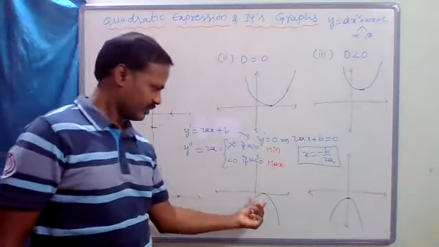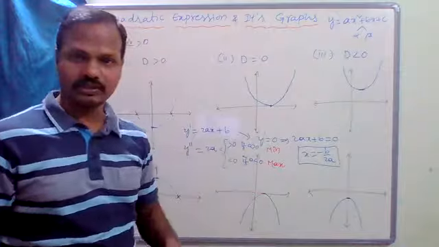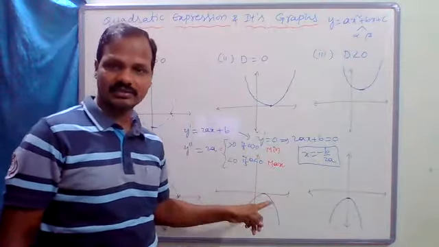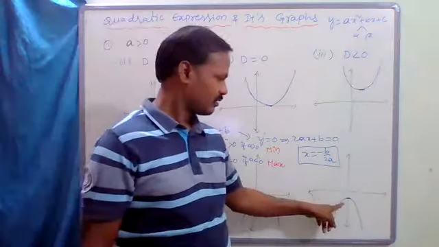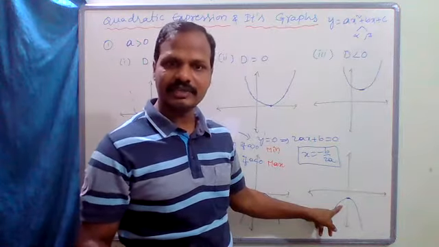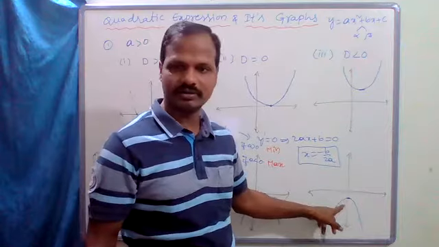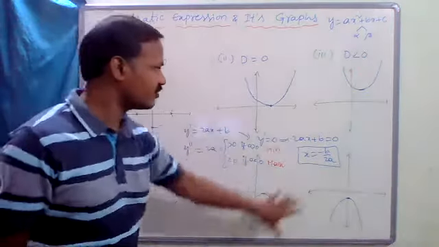Next, it has a maximum so a is less than 0, and it touches the x-axis, so D equals 0. It has a maximum so a is less than 0, it does not meet the x-axis, which means the roots are imaginary, so D is less than 0. Okay, so these are the 6 ways.